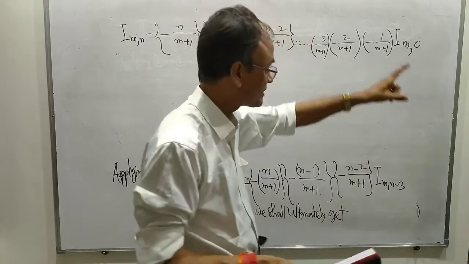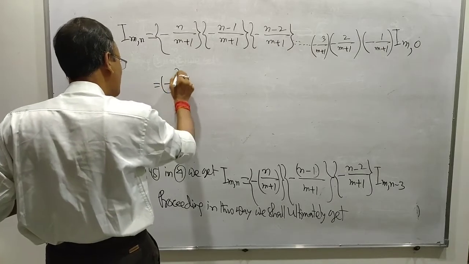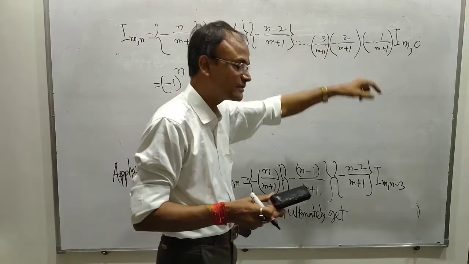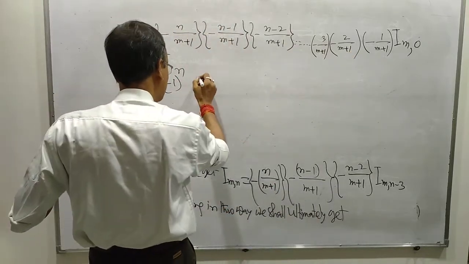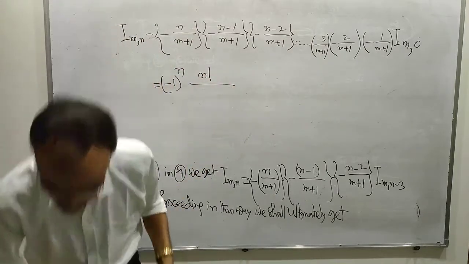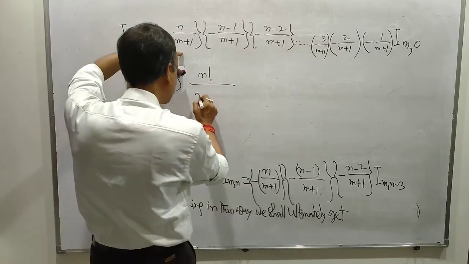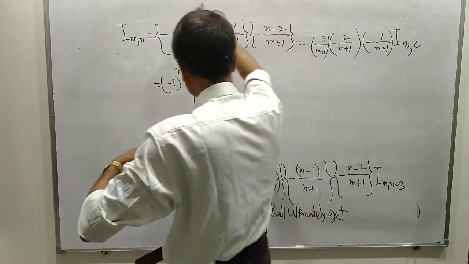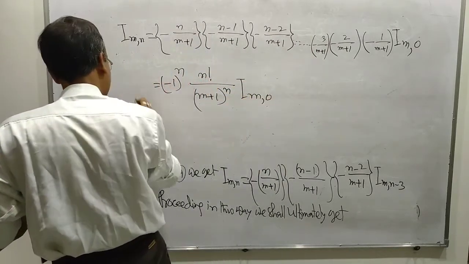How many minus 1 are there? In every term there is a minus 1, so minus 1 whole to the power n. You get factorial n divided by m plus 1. How many m plus 1 are there? Up to n. So I_{m,n} equals this.